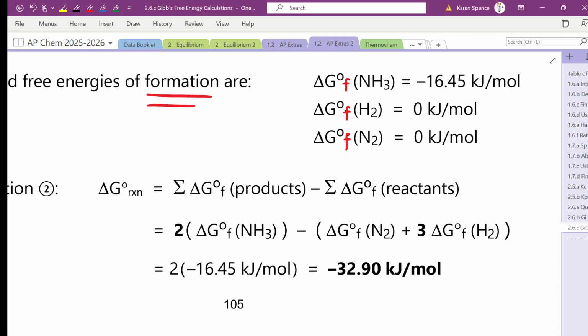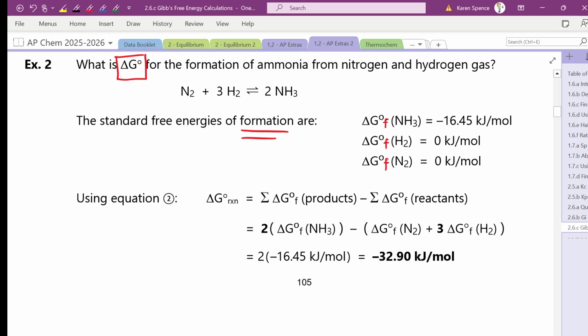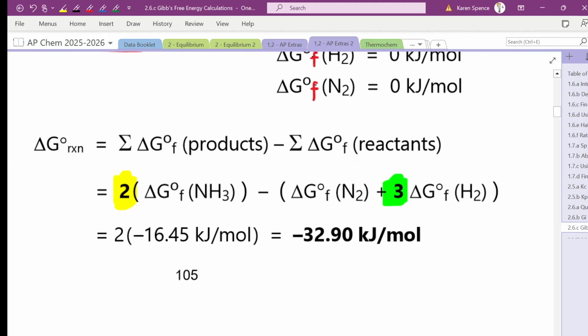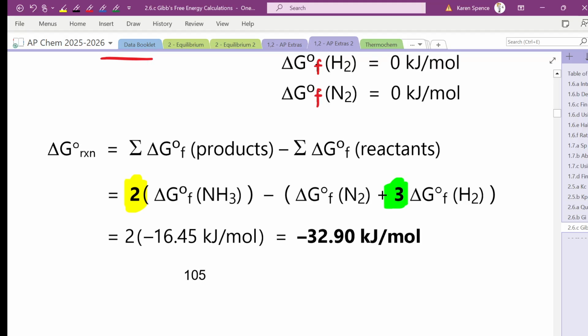And once again, we're not going to spend too much time on it. Just remember that you need to make sure that your coefficients do the multiplying when they need to. Okay, and always make sure products go first, reactants go second. I have a tendency to put them in the wrong place. At any rate, we end up with negative 32.90 kilojoules per mole. What does that tell us about this reaction?